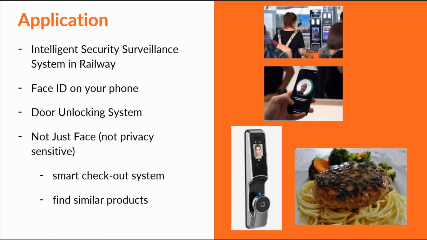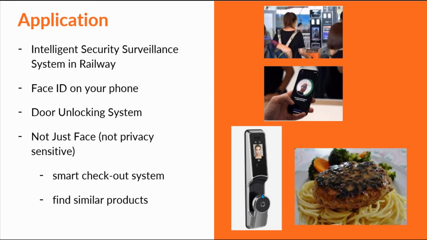Just imagine you enter a restaurant and you pick up some dishes, like in this image here, and you put them together on one plate. When you pass by the checkout system and put your plate under the camera, the system will tell you how much you're going to pay.